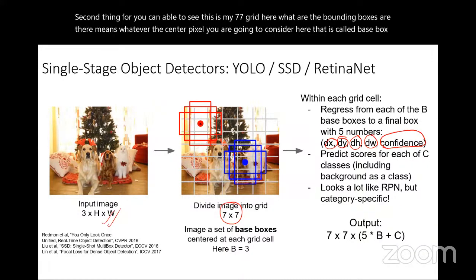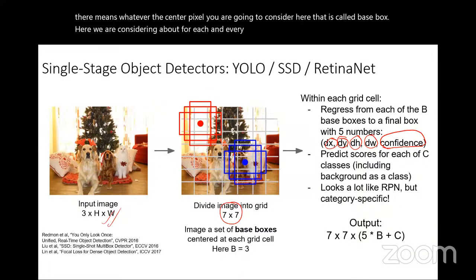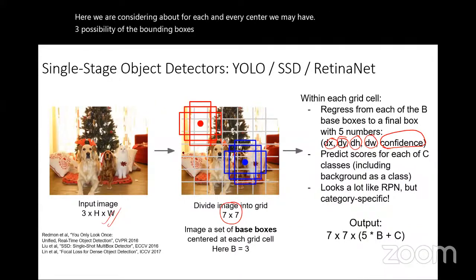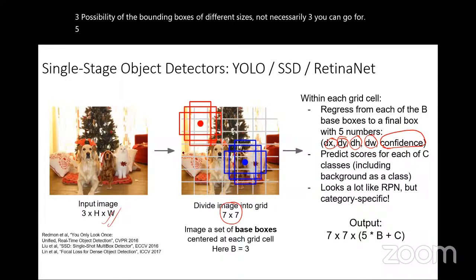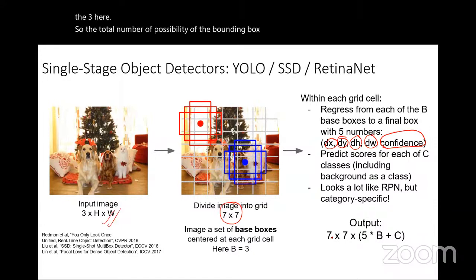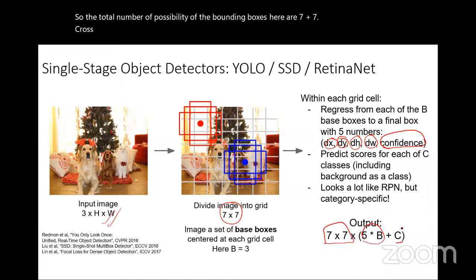For each and every center, we may have 3 possibilities of bounding boxes of different sizes. Not necessarily 3, you can go for 5, 7 or n number, but for easy understanding, we are considering 3 here. So the total number of possibilities of bounding boxes here is 7 cross 7 cross 5 into B plus C. Here you are considering the 5 as my 5 parameters.